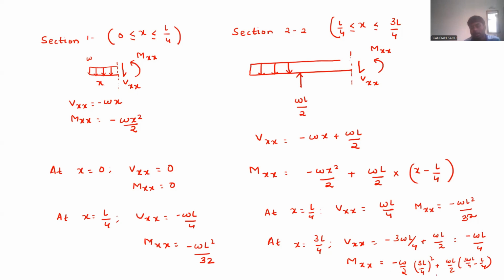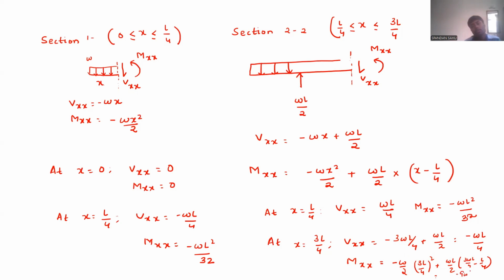So just simplify. From the first component, it will be 9L square by 16, so minus 9WL square by 32.